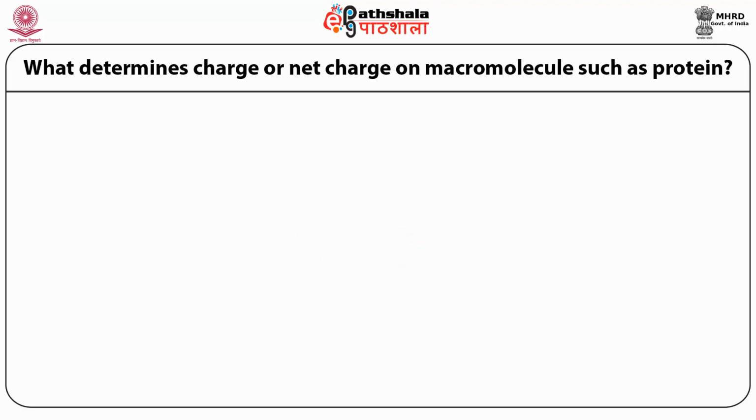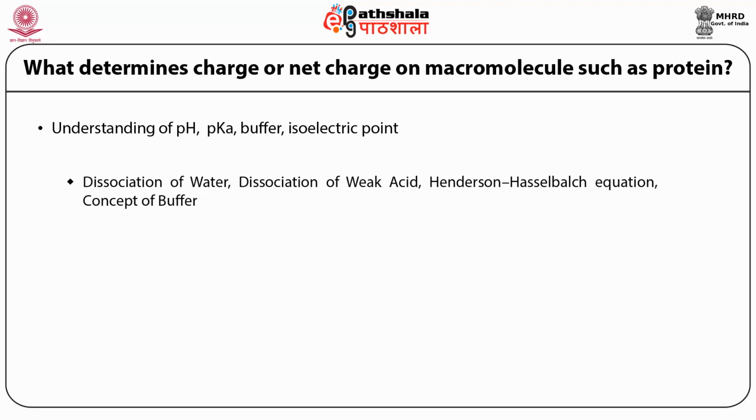Here in this slide, we will be telling what determines the charge or net charge on macromolecules such as protein. This requires the understanding of pH, pK, buffer, isoelectric point, dissociation of water, dissociation of weak acid, the Henderson-Hasselbalch equation, the concept of buffer, and the chemical nature of protein.